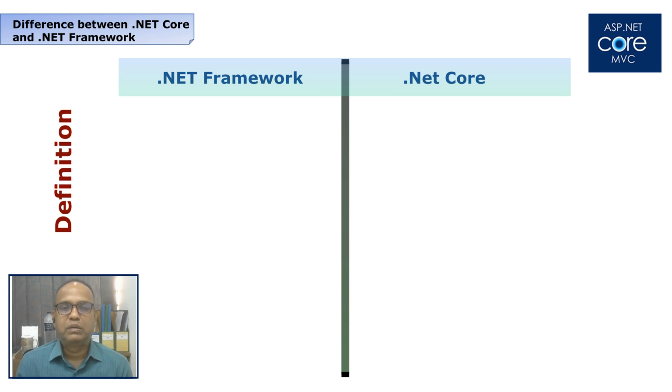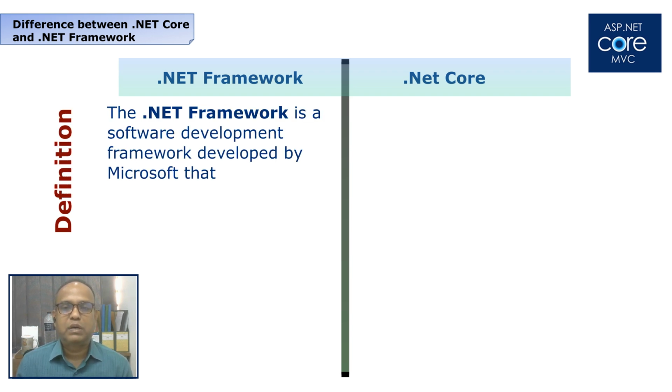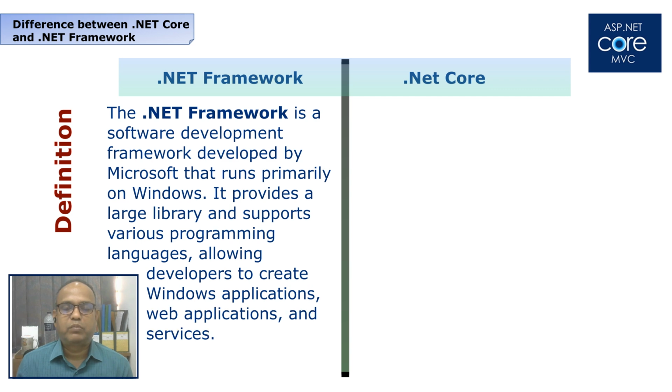Definition: the .NET Framework is a software development framework developed by Microsoft that runs primarily on Windows. It provides a large library and supports various programming languages, allowing developers to create Windows applications, web applications, and services.